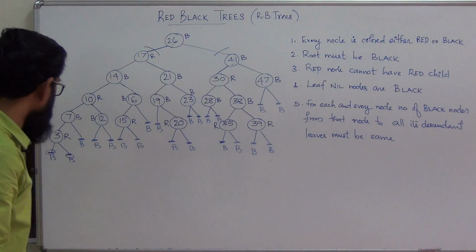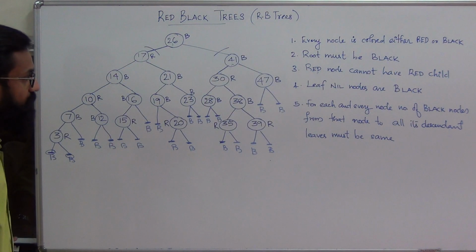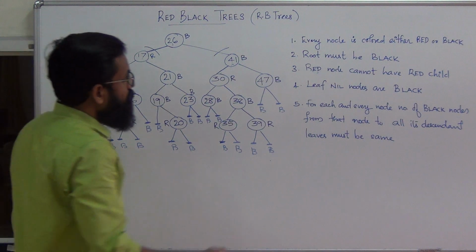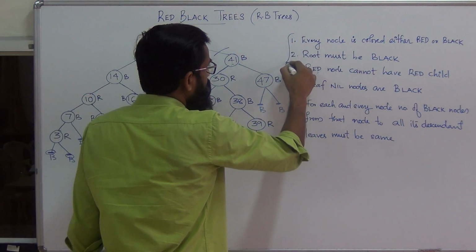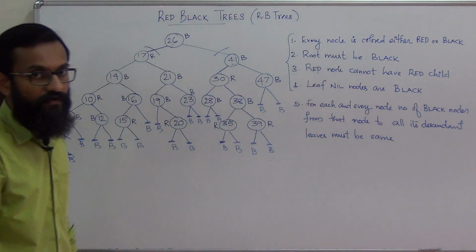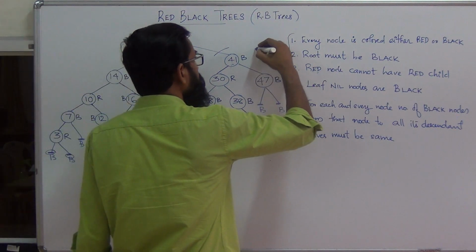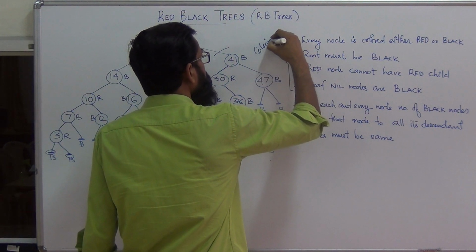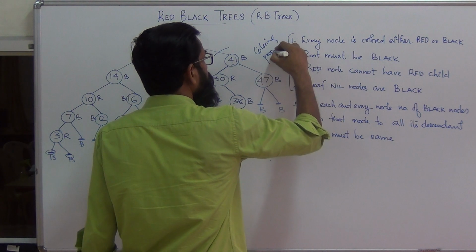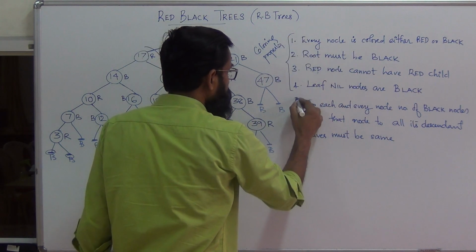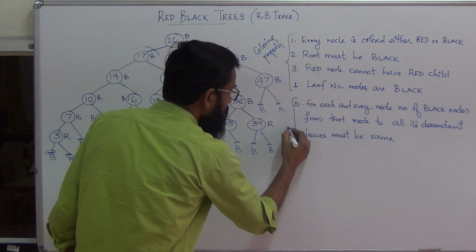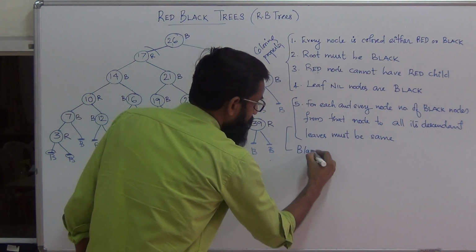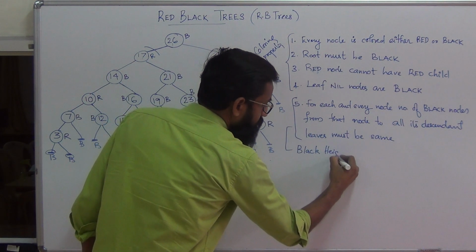So this is the fifth property. Now if we consider properties from 1 to 4, we can call those properties together the coloring property. And property 5 is actually the black height property.